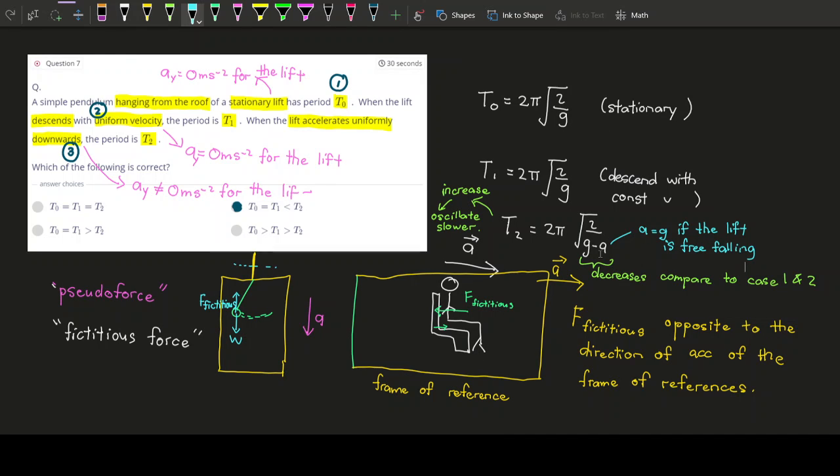Then g minus g will become 0. If you divide by 0, then T here will become infinite. So it takes an infinite amount of time for it to complete one oscillation.